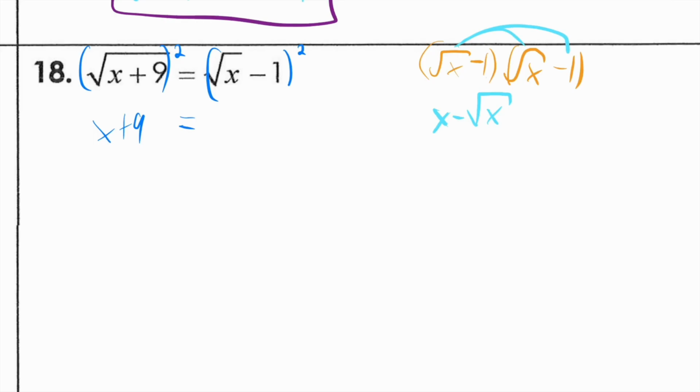Negative 1 times square root of x is the same, negative square root x. And negative 1 times negative 1 is positive 1. And so I get x minus 2 square root x plus 1 as I combine these common radicals. And so I'll plug this back in on the right-hand side. Oh, I wrote 2 instead of 2 square root x.